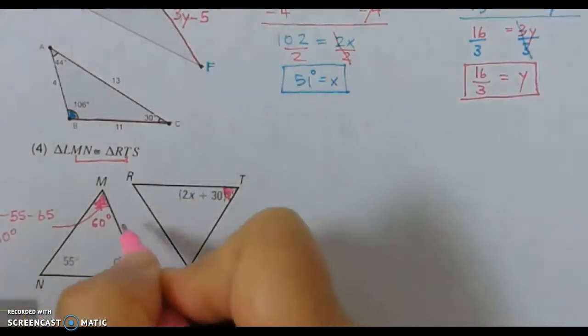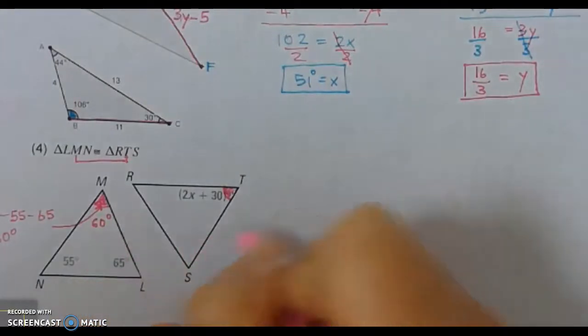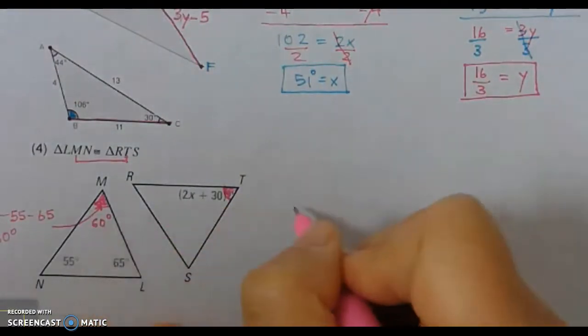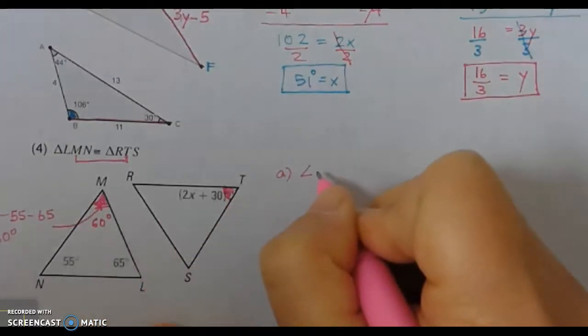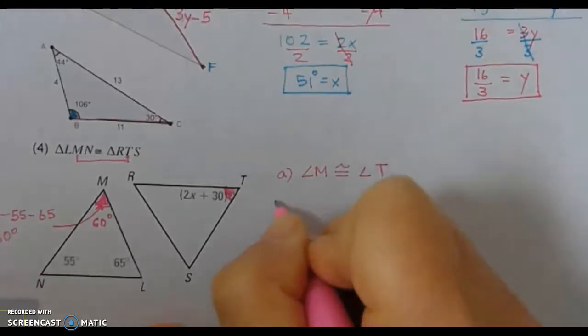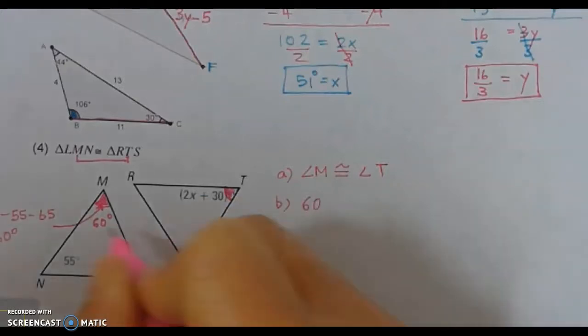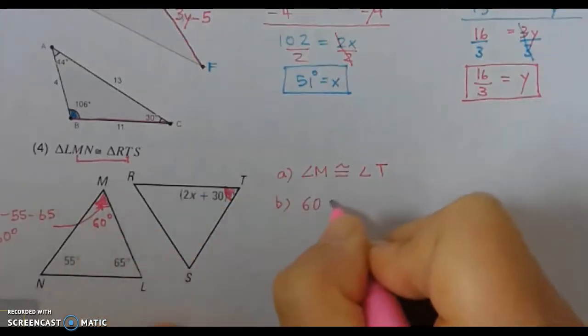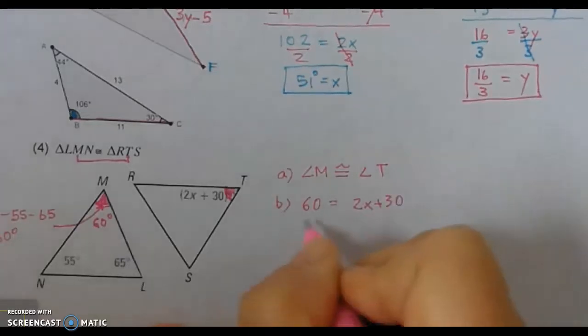Okay, now that I have figured out that this is 60 degrees, then I can use the equation. The first part was we did say that angle M is congruent to angle T. And then the second part is coming up with the equation that equates the angle measure of 60 to 2x plus 30 because that's what we are told.